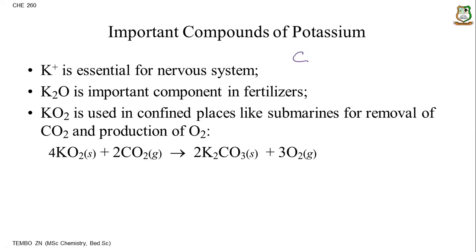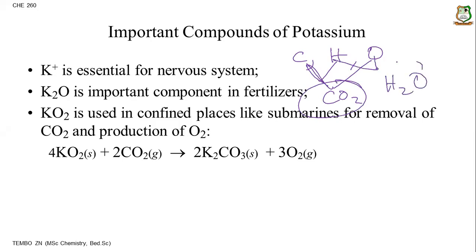The non-mineral nutrients are carbon, hydrogen, and oxygen, and plants often get these from carbon dioxide in the air that we breathe out, and water. So they get their carbon from the carbon dioxide that we breathe out, and their hydrogen from the water.